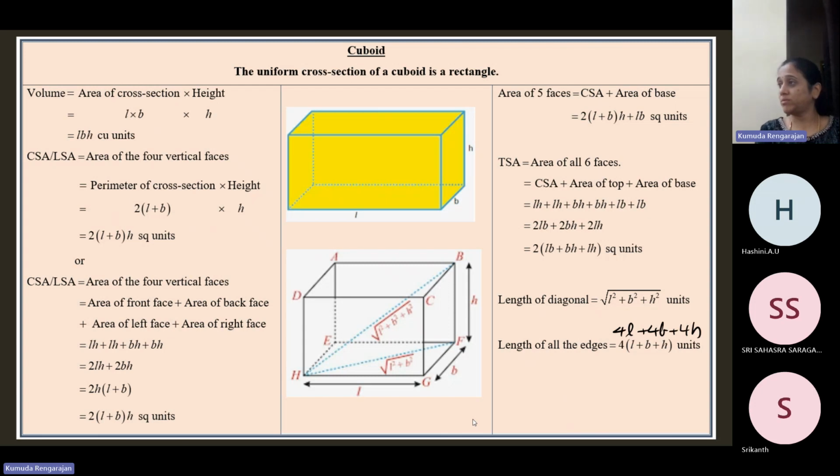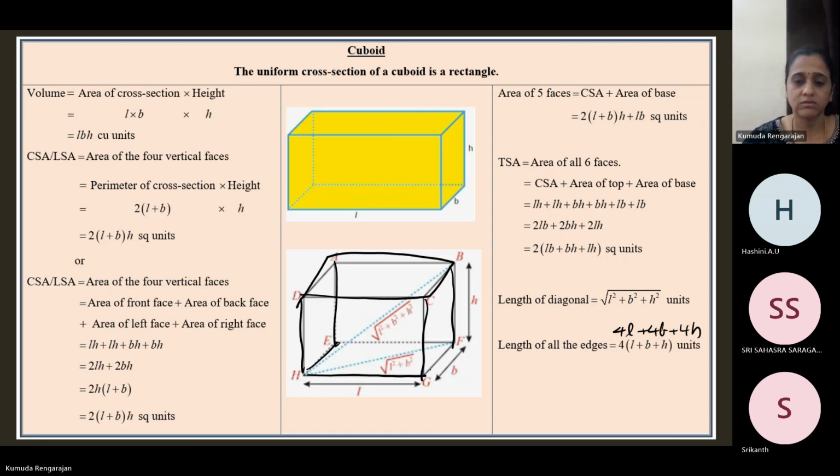When you take out 4 as a common factor, it is 4 of L plus B plus H units.